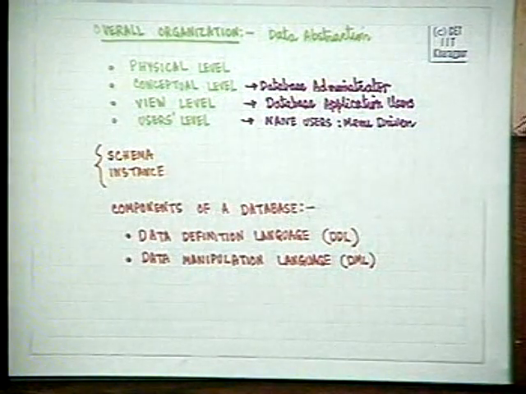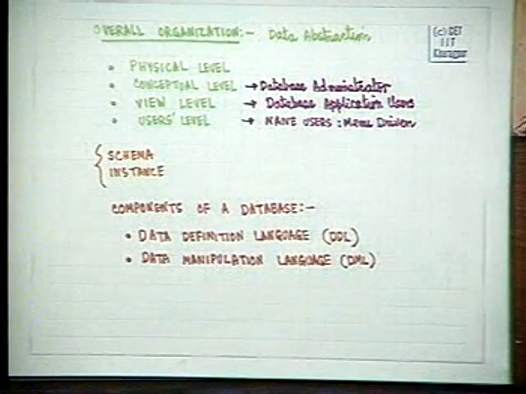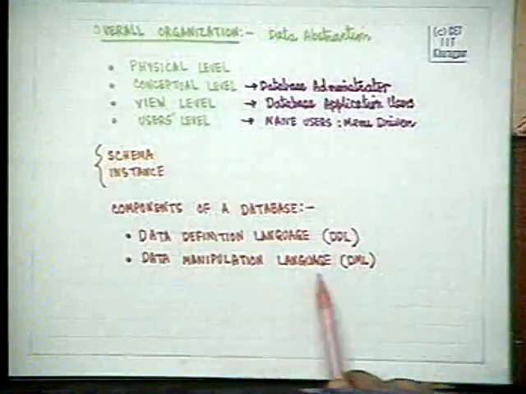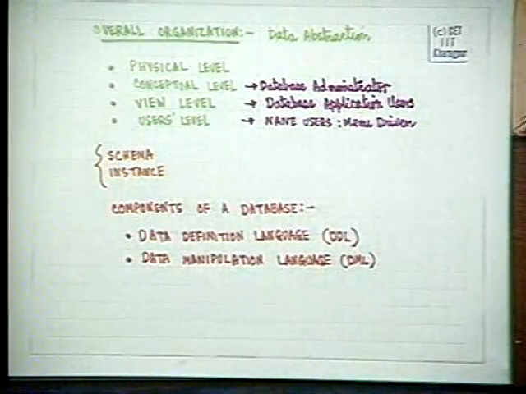So these are the two things which every designer must have, a data definition language and a data manipulation language. You will define the data in one language, and you will write your functions or procedures to manipulate the data in the other. Now this data definition language will be an abstract language, and how we should be able to define the data is one aspect we shall have to see. Data manipulation language can be of various types.